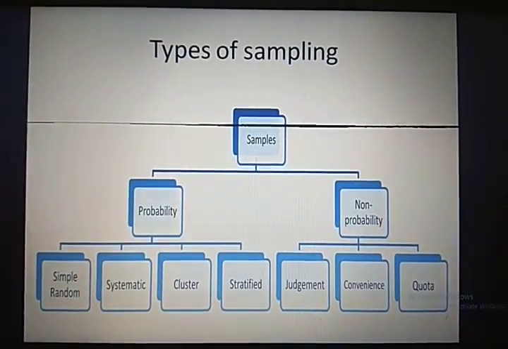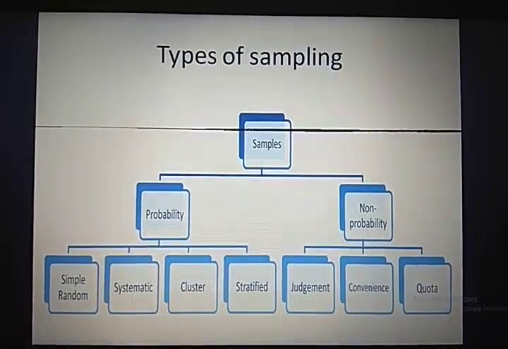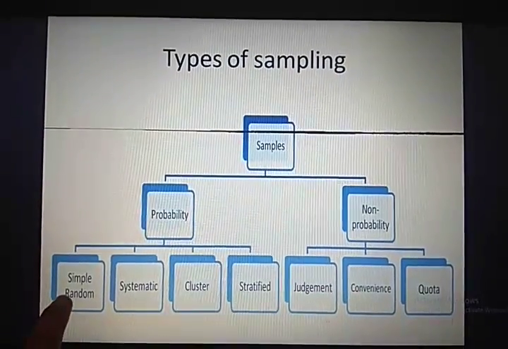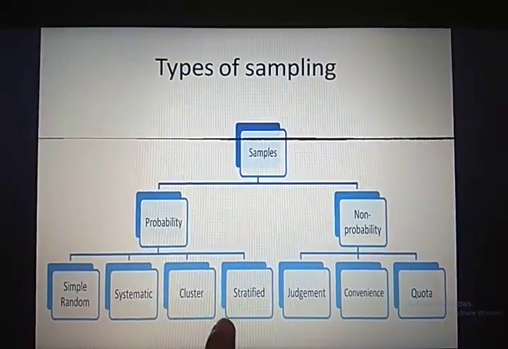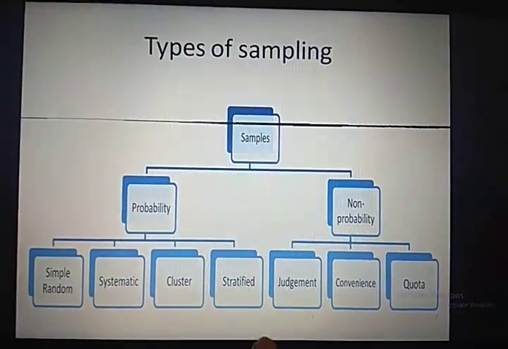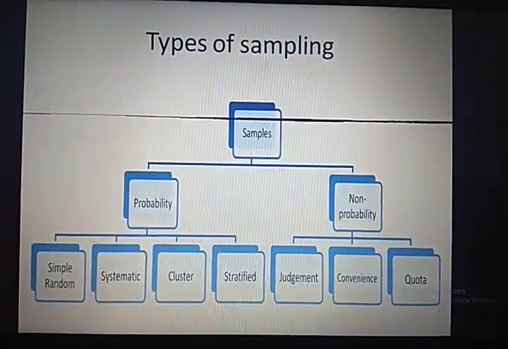So first of all, you should know the alternative names, random sampling and non-random sampling. As we can see, random sampling is of four types: simple random, systematic, cluster and stratified sampling. Non-random sampling is again divided into three parts: judgment sampling, convenience sampling and quota sampling.